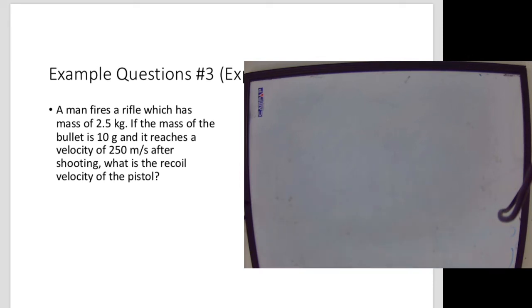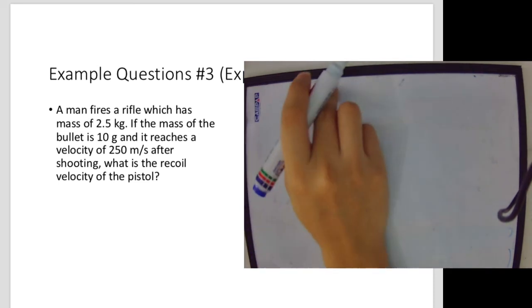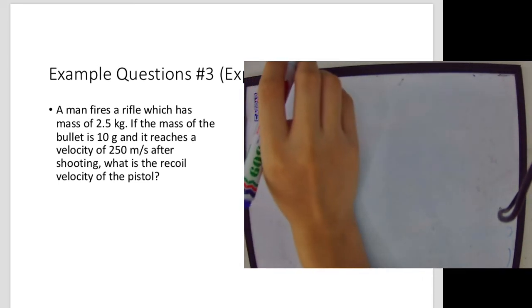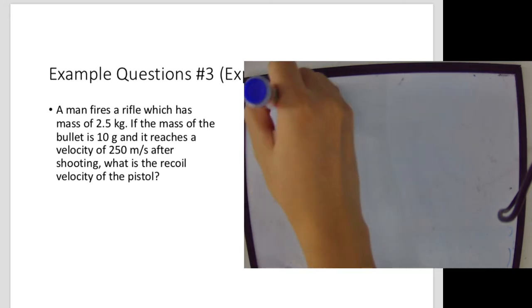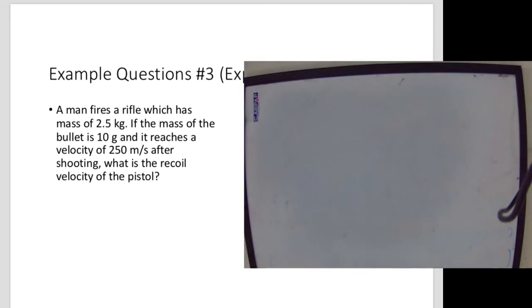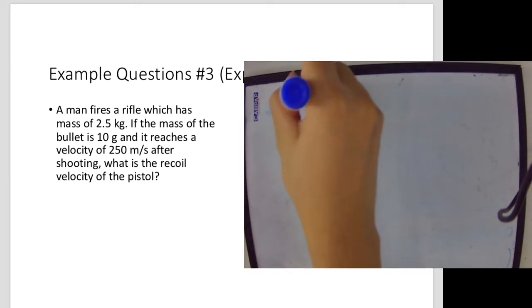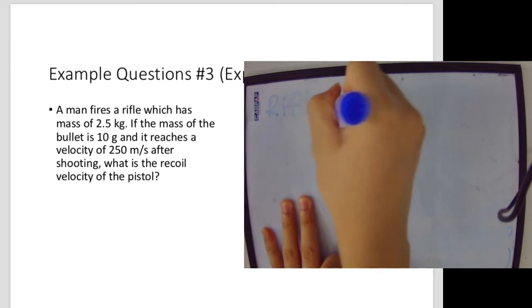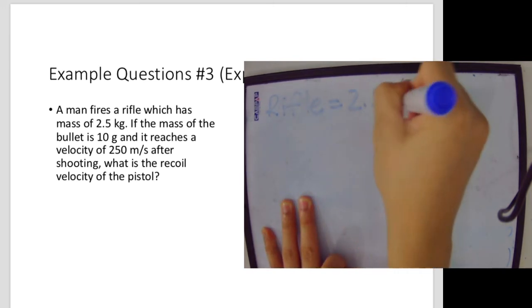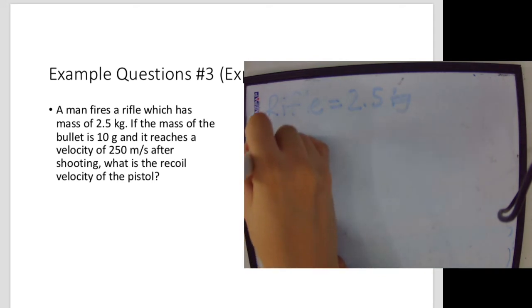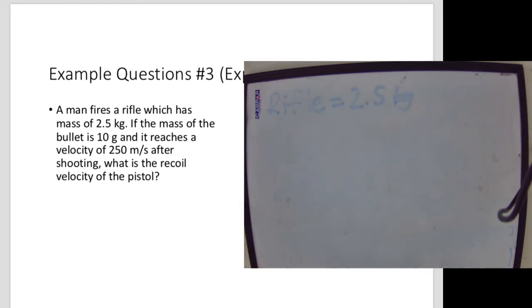So let me just write a few things down. So, rifle or pistol, whatever. Okay, so rifle or pistol is 2.5 kilograms. That's the mass. And the bullet, yeah.